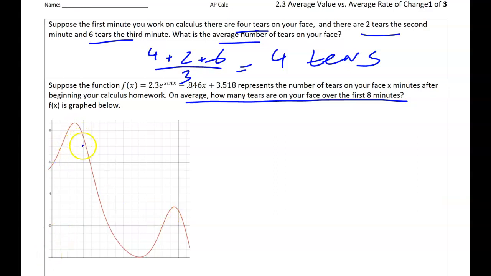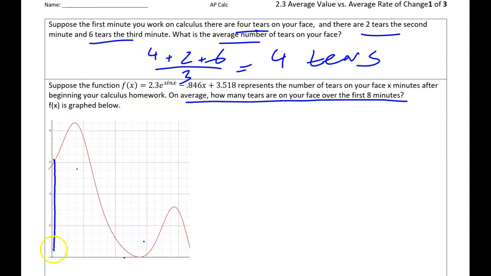This is a harder problem because it's one continuous curve and it fluctuates, right? So I might consider eyeballing it. It might be like, okay, my average value is probably somewhere right around here, because then I have about half of the function above it, half of the function below it. I could guess, but up until now, we didn't have a tool to figure this out. Because think about what this is asking us to do.